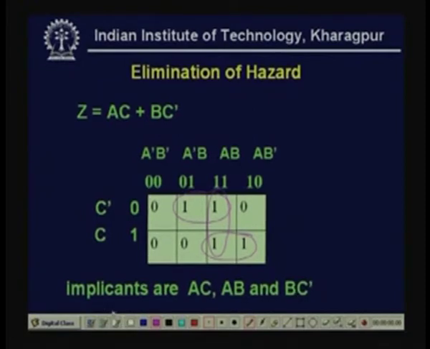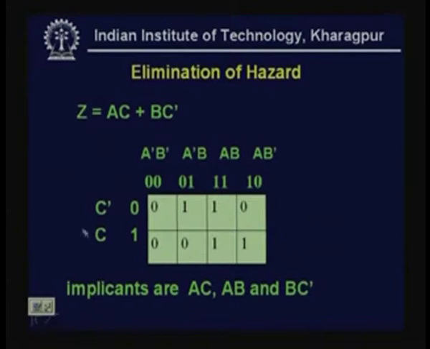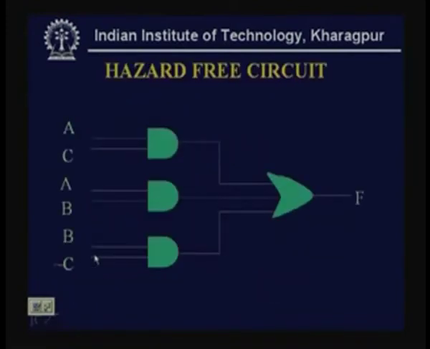So, what will be the circuit? This is AC, AB, BC dash. There are 3 product terms and this is a sum of products form.